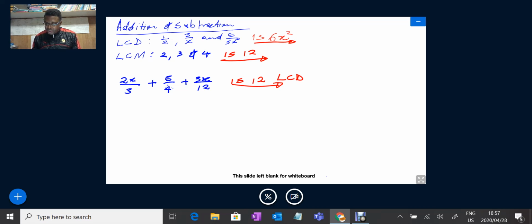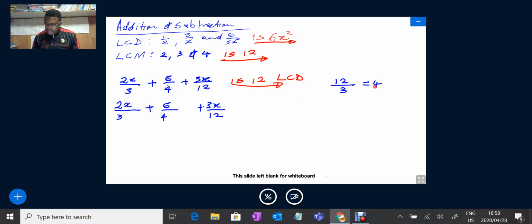I'm going to use two colors. So we bring back our 2x, and on the side here I'm going to do calculations to show you where I get the things that I do. So 12 divided by 3 is equal to 4.